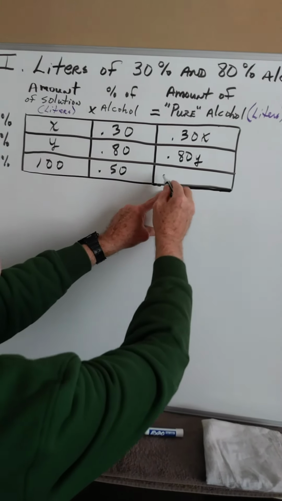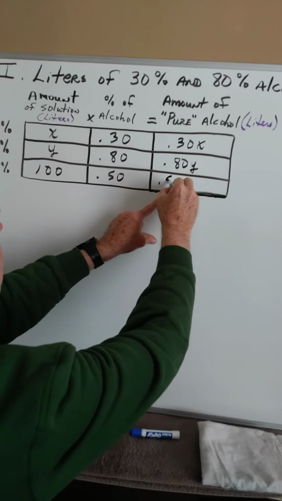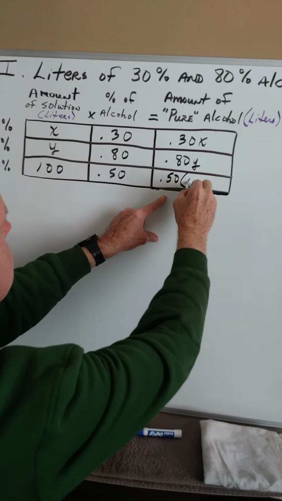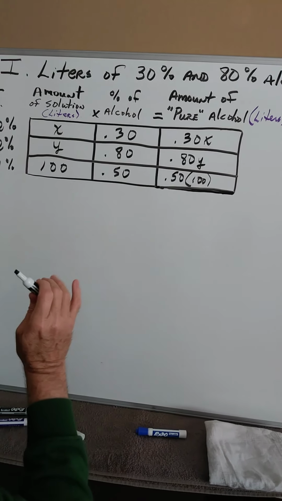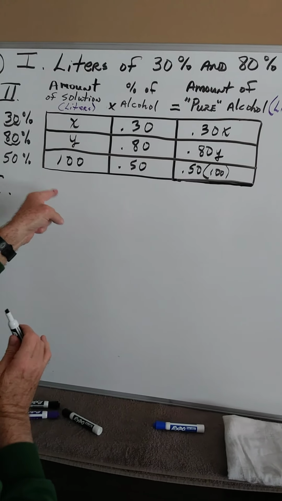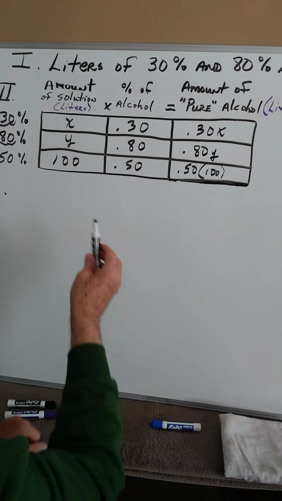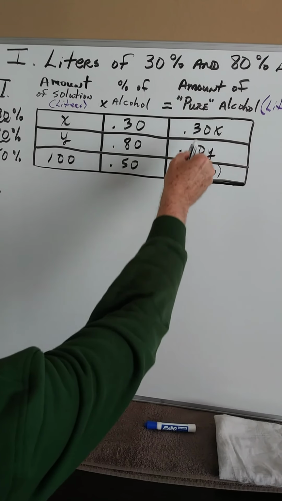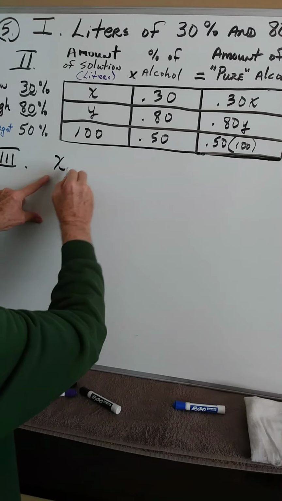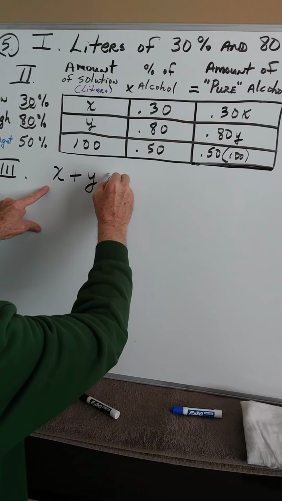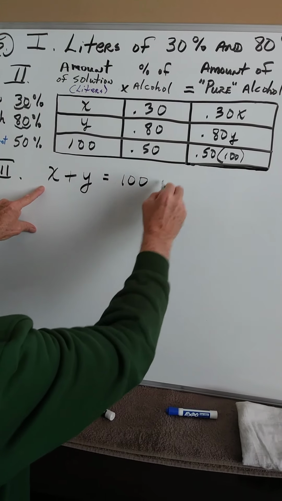So over here, I'm just going to write, for right now, 0.50 times 100. Box is done. Equation number 1, column 1. Equation number 2, column 3. Column 1, x plus y equals 100.